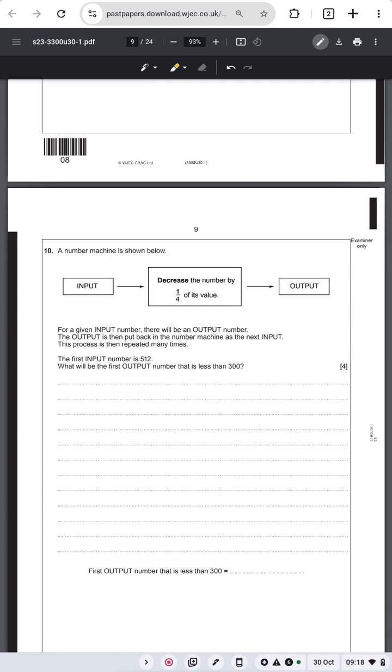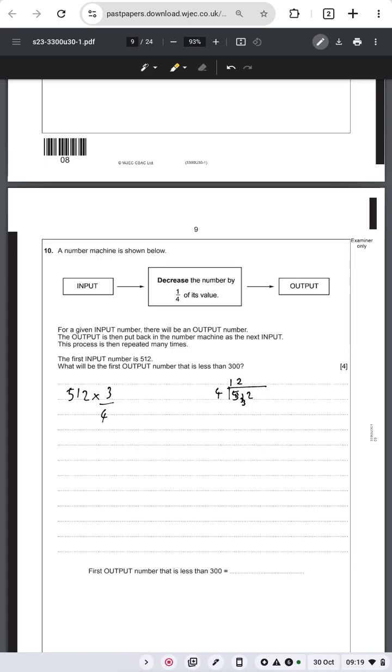Okay, so if the number is dropping by a quarter each time, that means we're finding 3/4 of the value each time. So we can do this as 512 multiplied by 3 over 4. So 512 is divisible by 4 because 100 is divisible by 4, and so is 12. So there are 4 in 5, carry 1. There are 2 4s in 11, carry 3.